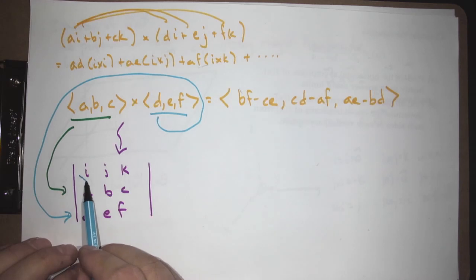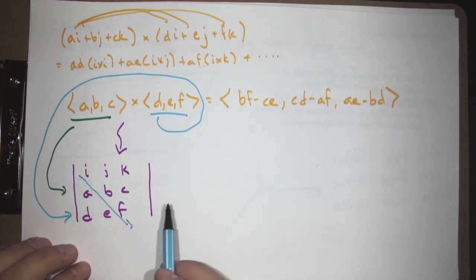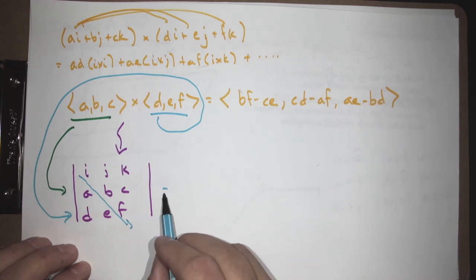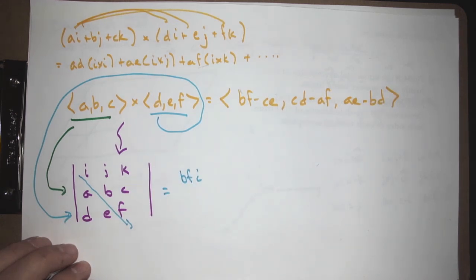Go down your diagonals. So, I times B times F. Not very profound. J times C, and you ran out. No problem. Wrap around. D, right?